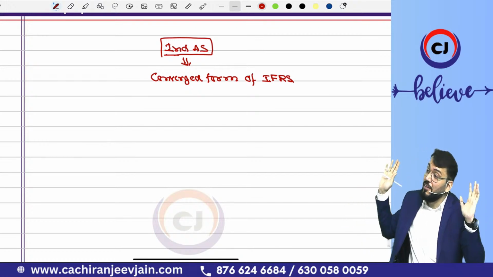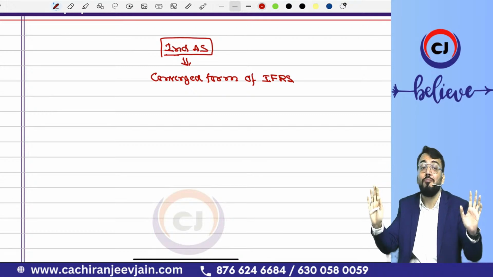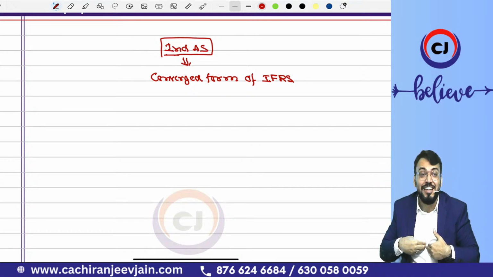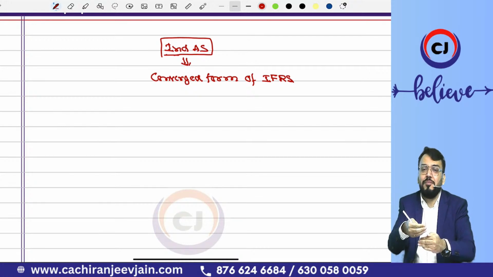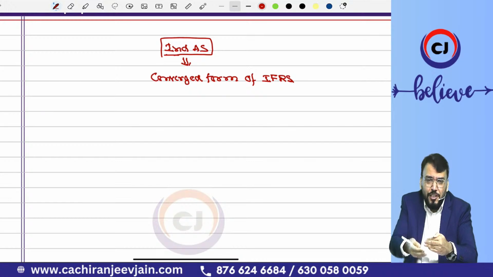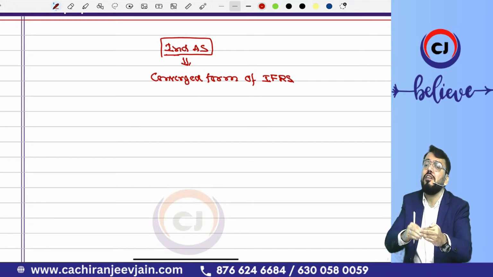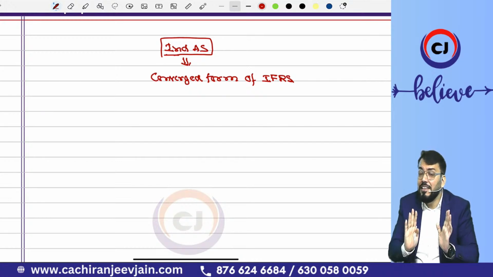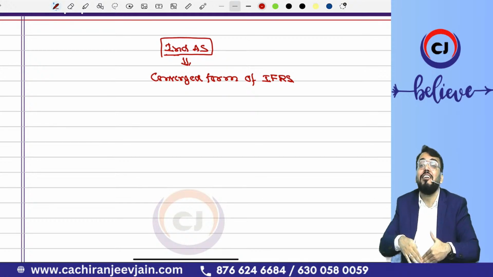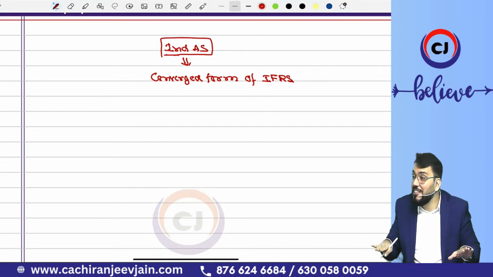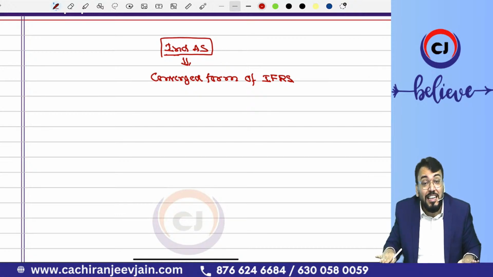They will say, I will follow IFRS, but as per our conditions. Therefore, they have converted some portion of IFRS for which different accounting treatment was required, as per the economic conditions prevailing in India.